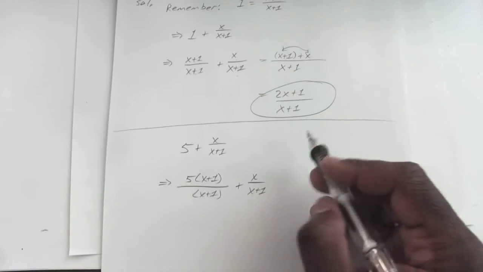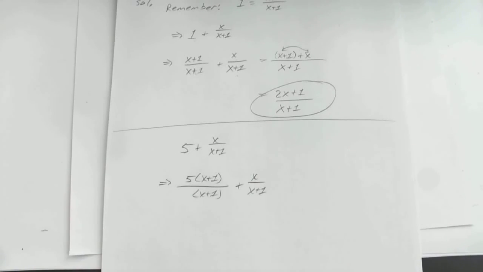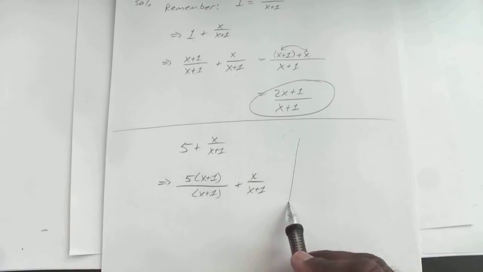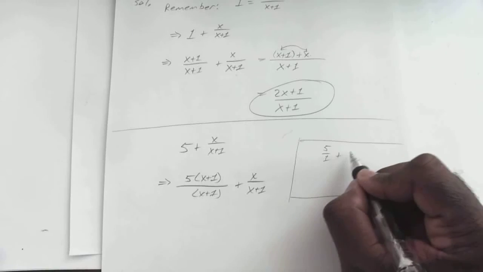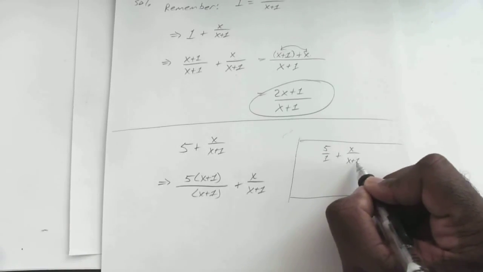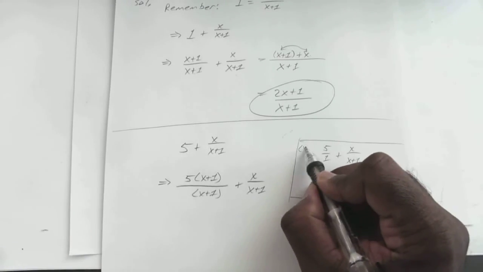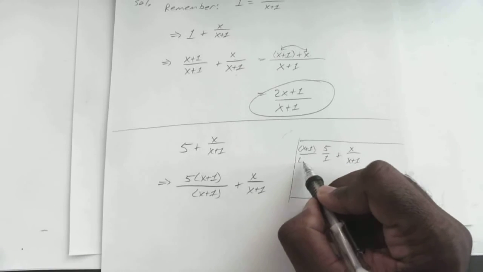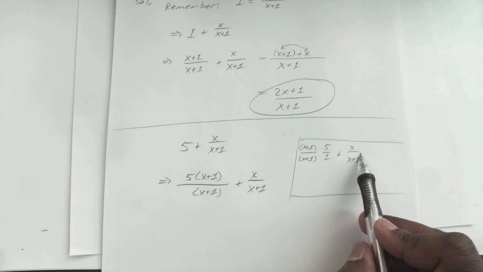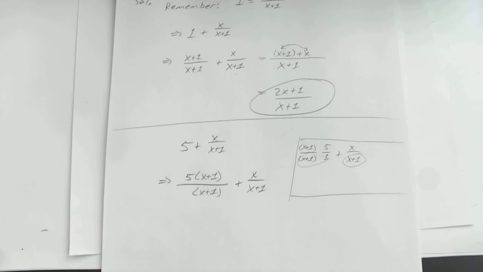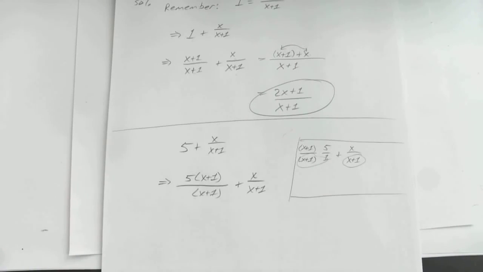Oh, because that 5, you can just make into 5 over 1. So really, if we had 5 over 1 plus x over x plus 1, we multiply this one by x plus 1 over x plus 1, just because you want those denominators to match. Does that make sense? Okay. All right. Any other questions?